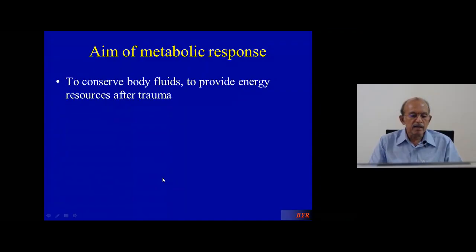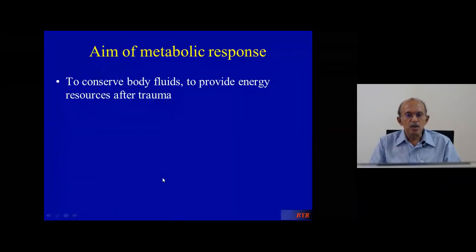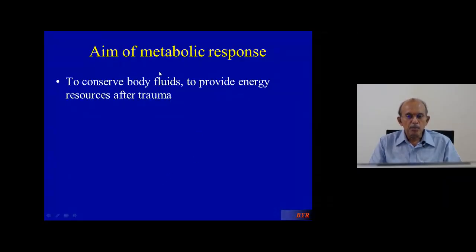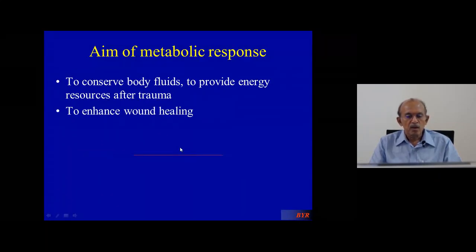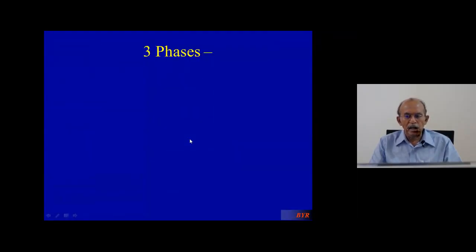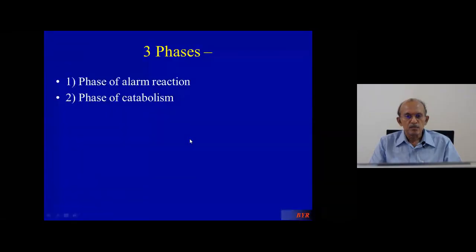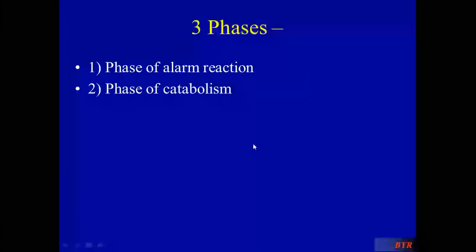Because the patient's ability to move and get water will be decreased, in those circumstances the body, as a protective mechanism, develops this metabolic response, whereby it conserves body fluids, provides energy resources from the body after trauma, and enhances wound healing. So there are three phases: phase of alarm reaction, phase of catabolism, phase of anabolism.